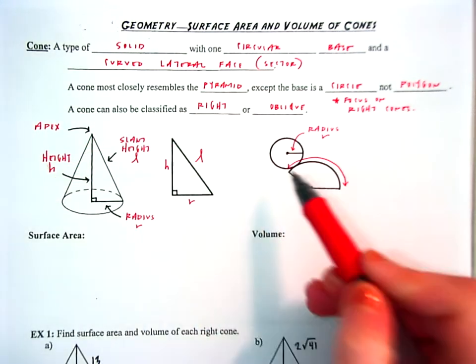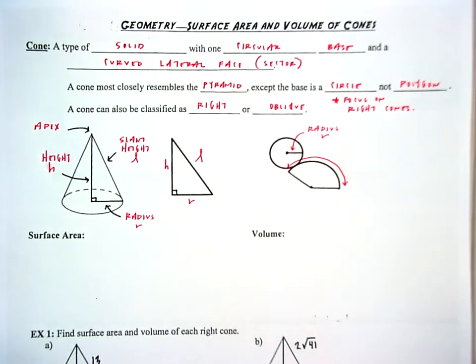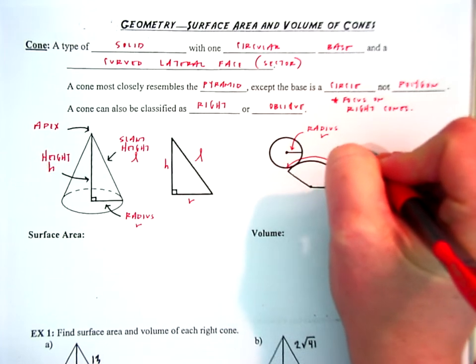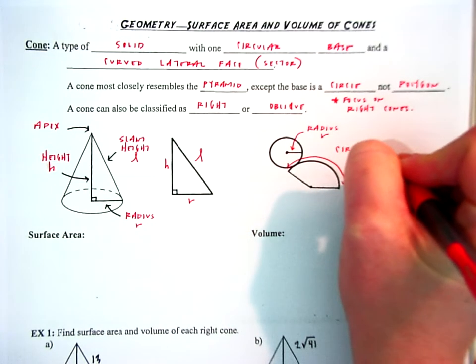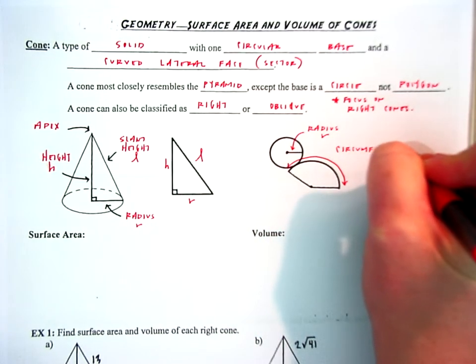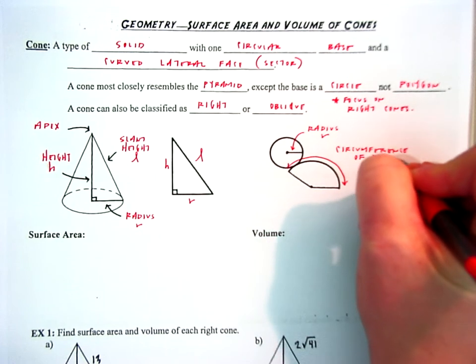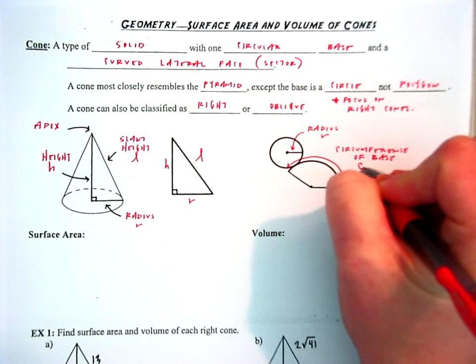So I know that from here to here, it has to be the circumference of the base, so 2 pi r.